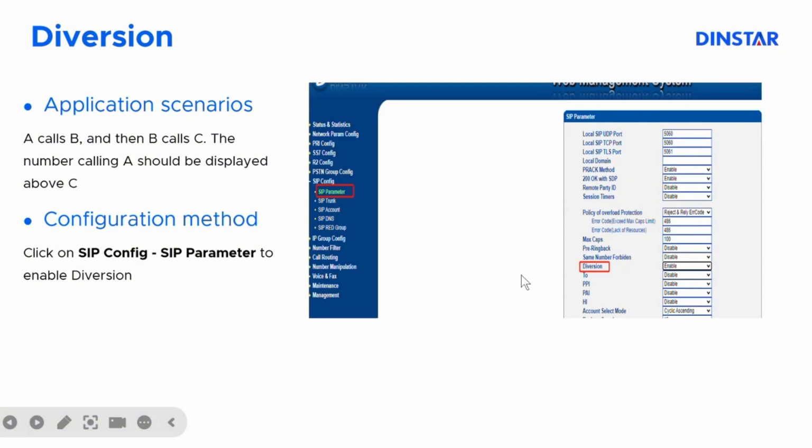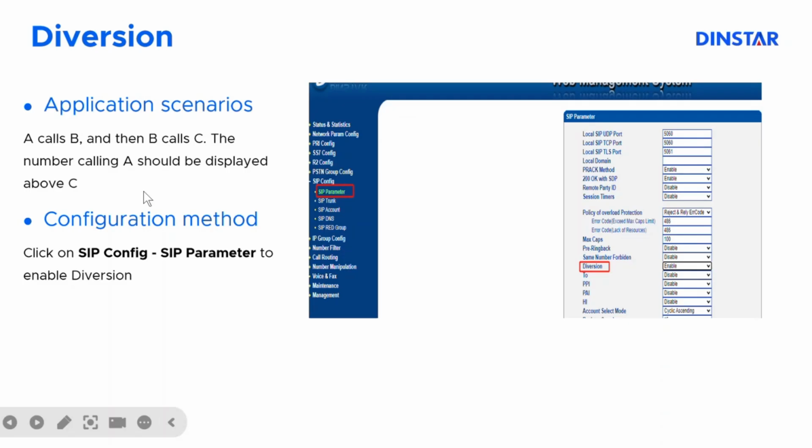Okay, next let's look at the diversion parameter. This is mainly used in call forwarding scenarios, right? For example, A calls B and B forwards the call to C. On C's side, some users prefer to see the original caller, like A, instead of B, right?